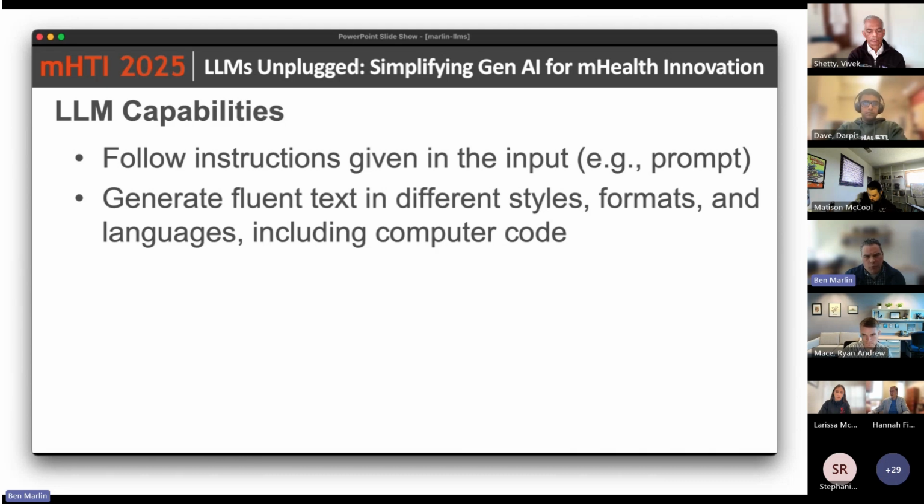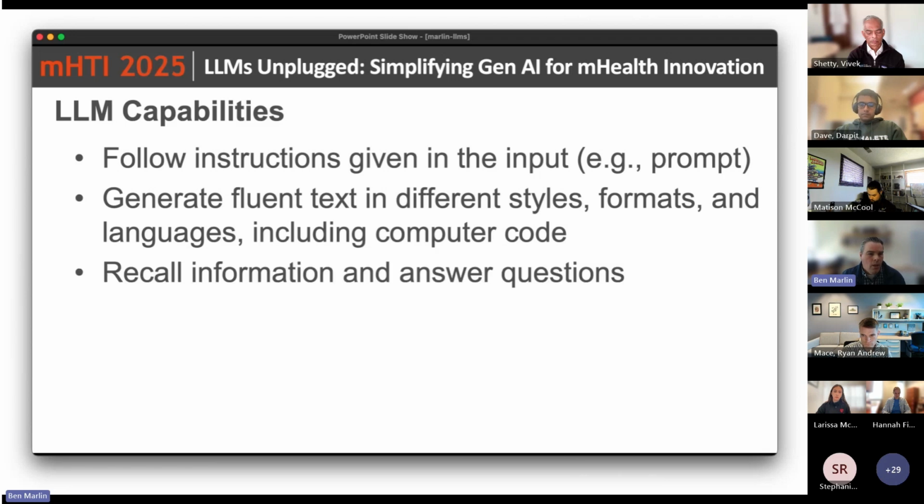So most of the models at this point are multi-language. They're not just trained on English, they're trained on text from lots of different languages. They're able to do things like translate between languages to some degree as well. So again, when you give an input prompt in English and you ask to generate computer code, that's another kind of translation from English to code that these models are quite capable of performing as well.